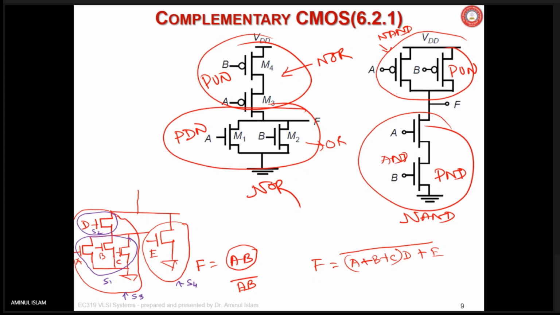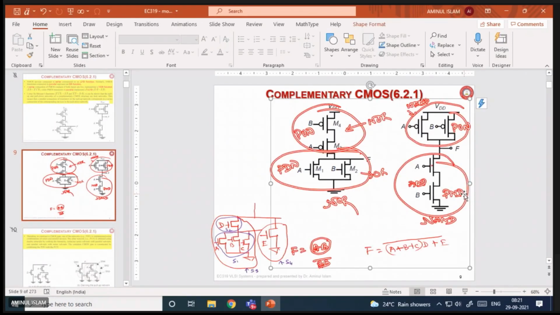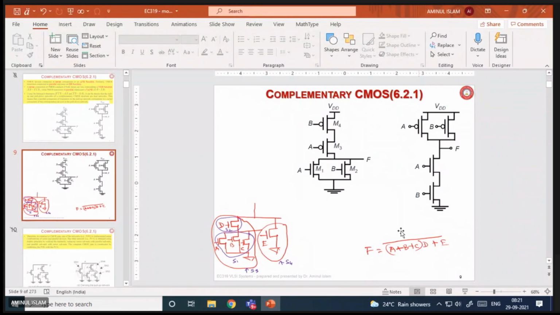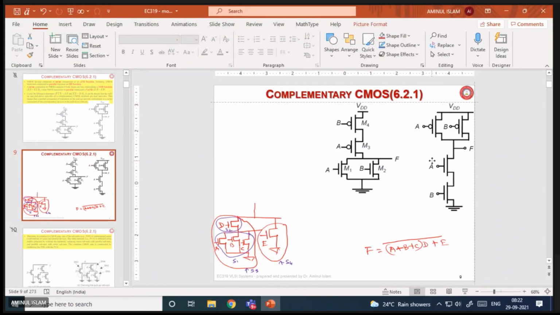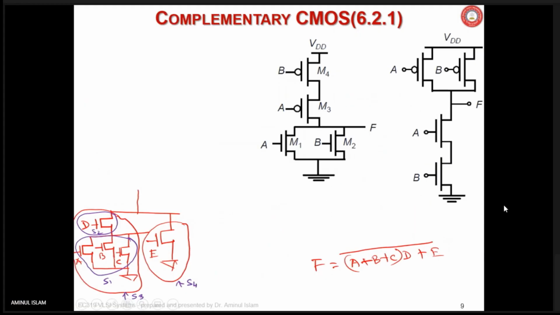Okay, now to make the pull-up network, what should I do? Let me clear a certain portion, so that it will be easy for me to draw. Now, I will first deal with subnet 1.